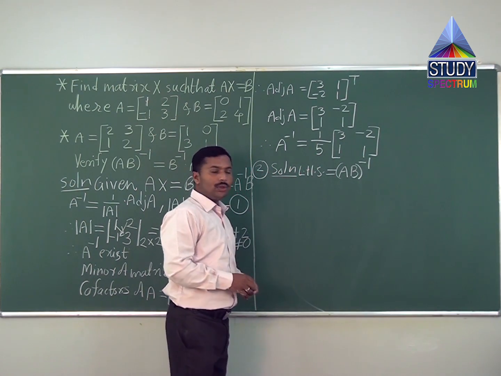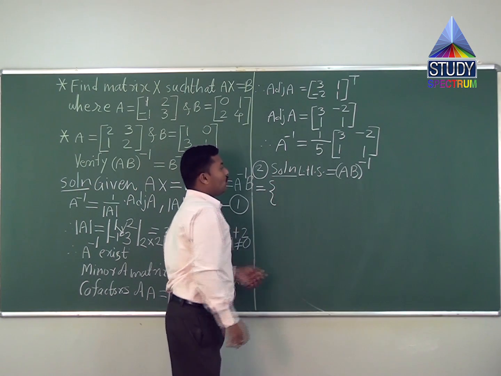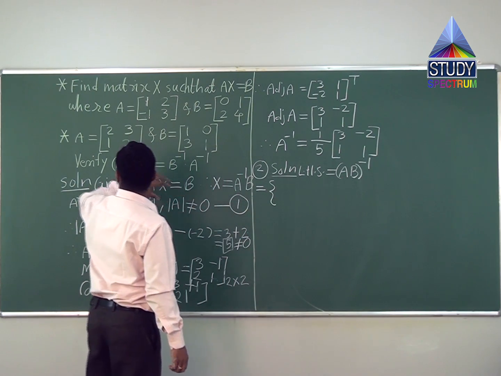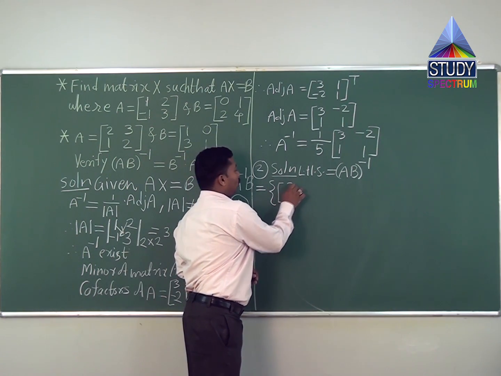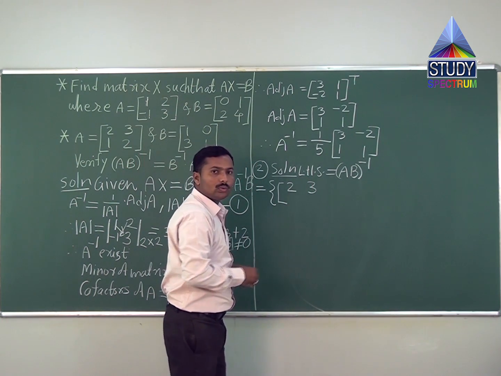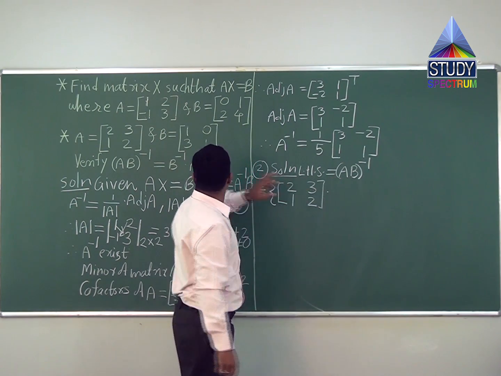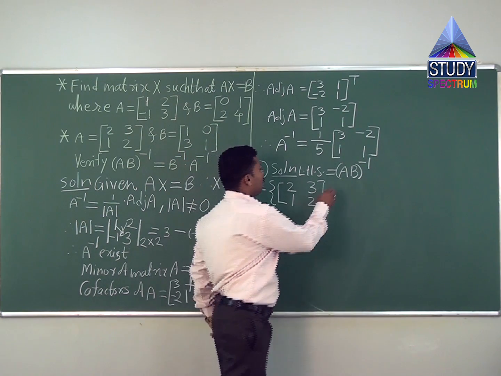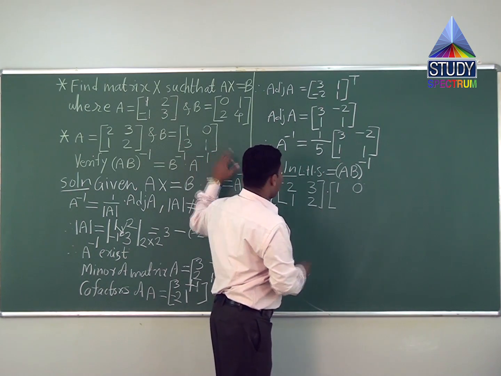So we write the matrix A. What is the matrix A? 2 3 1 2, into B. B means this matrix, first row 1 0, second row 3 1.